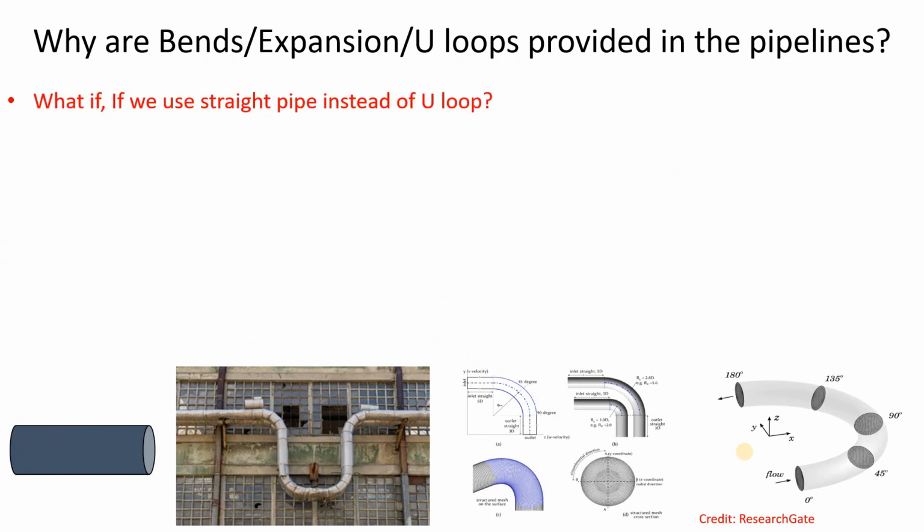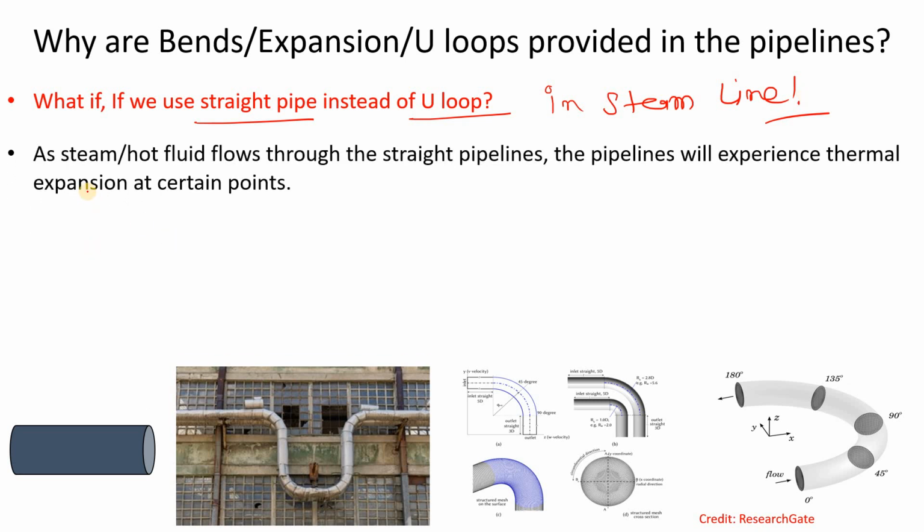Now let's assume that we use a straight pipe instead of the U-loop pipe in a steam line. Okay, here I am not talking about a hot fluid or hot water pipeline, right? So what will happen? Your steam or hot fluid flows through the straight pipeline, simply see in this case, right? And your pipeline will experience thermal expansion at a certain point.